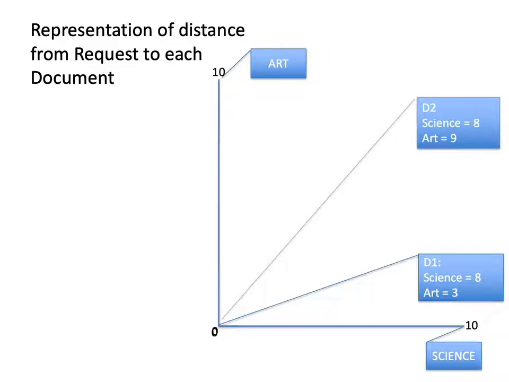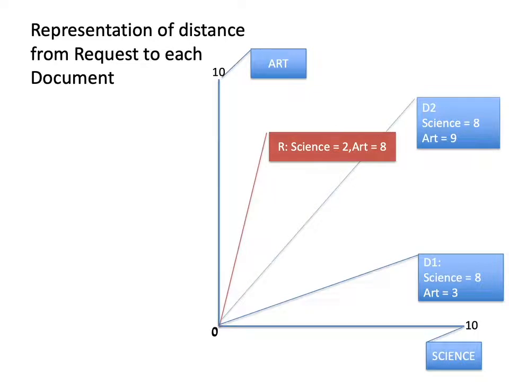So science is only over 2, but art is up 8. Now, if we look at this, we can almost say, if I eyeball that, it really looks like the request is a little closer to document 2 than it is to document 1.